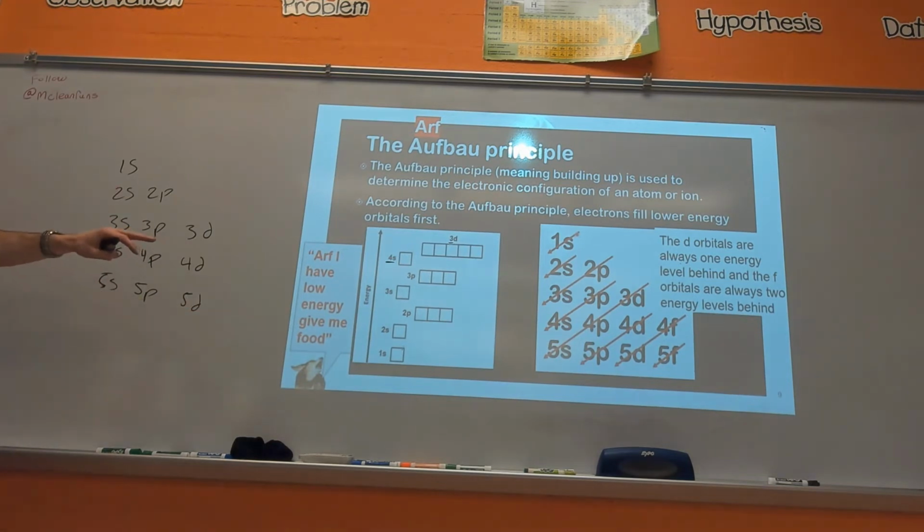The order that you fill is 1s, 2s, then 2p, 3s, then 3p, 4s, and now you go to 3d. That's the pattern with it. Don't worry about the f's. For our class, you don't have to do the f ones. The f ones are when you get into the lanthanides and the actinoids.